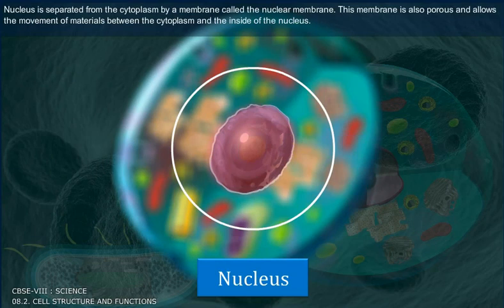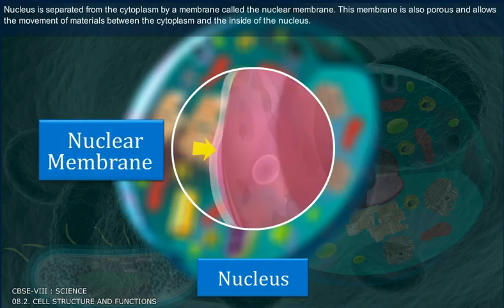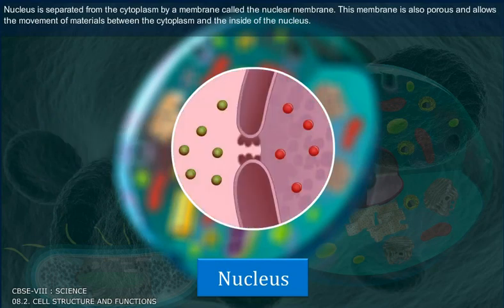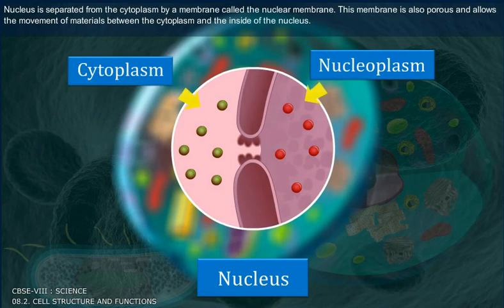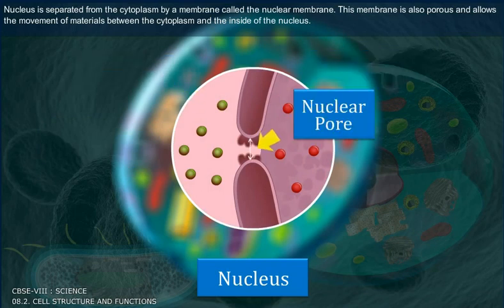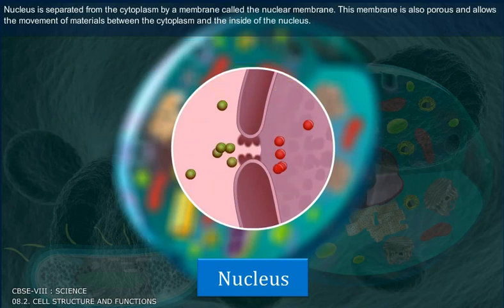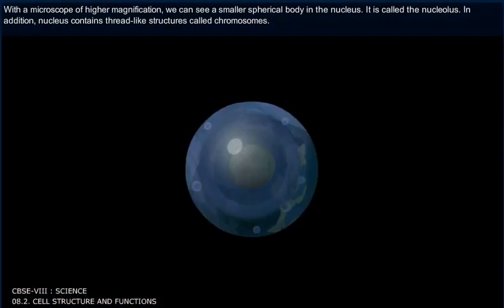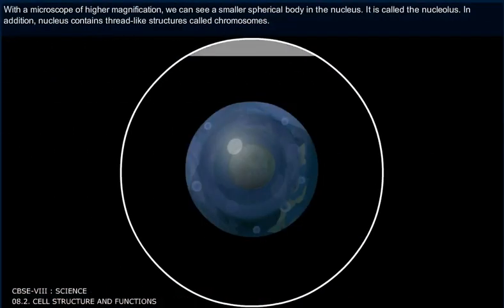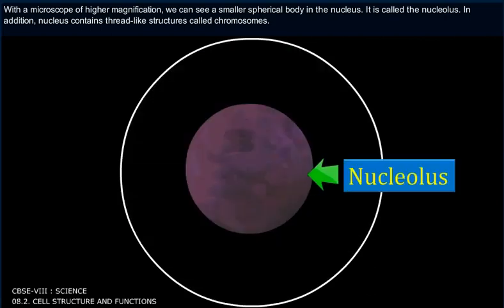The nucleus is separated from the cytoplasm by a cell membrane called the nuclear membrane. This membrane is also porous and allows the movement of materials between the cytoplasm and the inside of the nucleus. With a microscope of higher magnification, we can see a smaller spherical body in the nucleus.